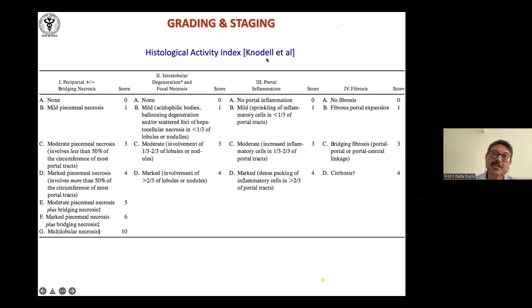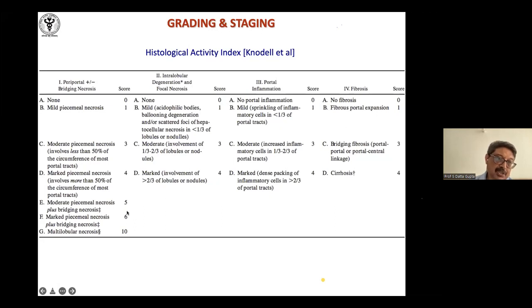The first attempt was made by Knodell et al. But the problem with Knodell's system is that there are two problems. One is that from 1, it jumps to 3 and 4. Sometimes there's a missing number 2, right? So that was one problem.